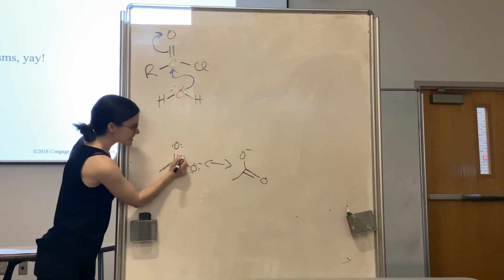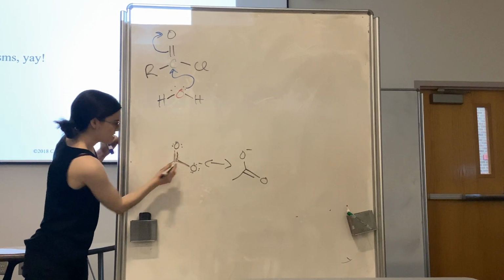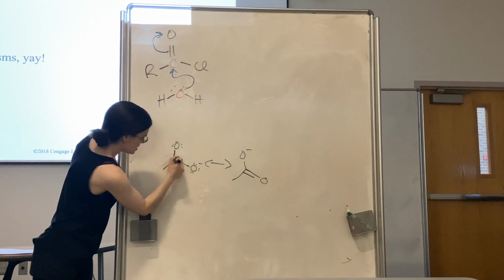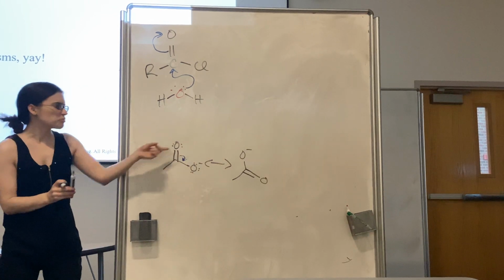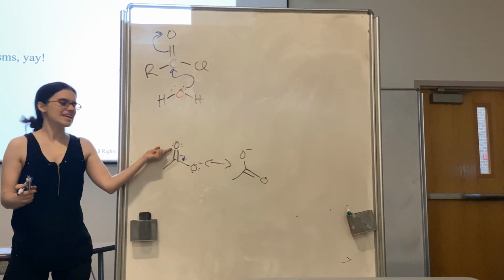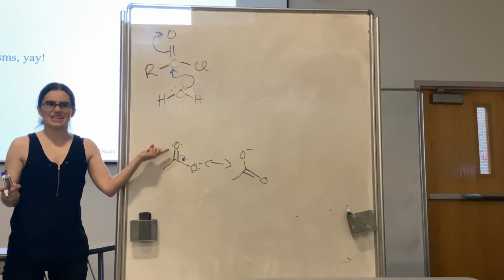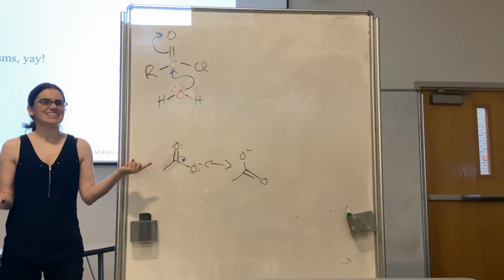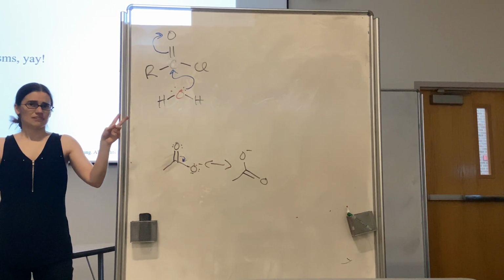Because if we did that, there. If we do that, we're breaking the octet, right? We're taking electrons away from oxygen so that now it's only got 6 valence electrons and one of them shared, so it's got like 5 valence electrons for formal charge.